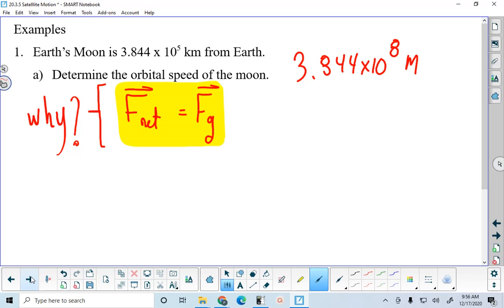So now, by typing yes, type yes if you feel you know why the net force is the gravitational force.